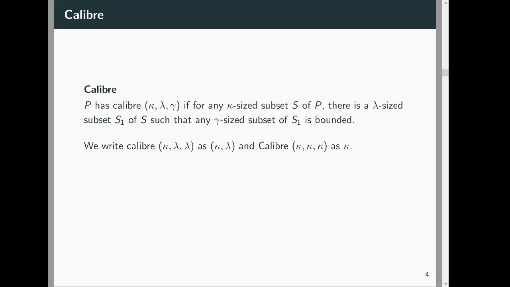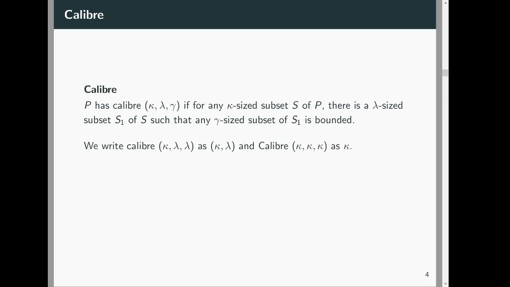And caliber, that's another nice property about directed sets. A directed set has caliber (kappa, lambda, gamma) if for any kappa-size subset, there is a lambda-size subset S1 such that any gamma-size subset of S1 is bounded.